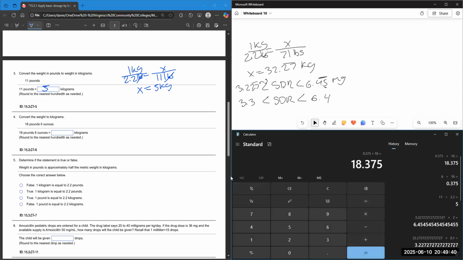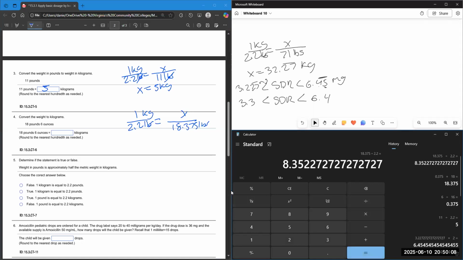It's going to give me 18.375 pounds. 2.2 pounds per 1 kilogram is 18.375. Divide by 2.2, and we get X is 8.35 when we round to the nearest hundredth.